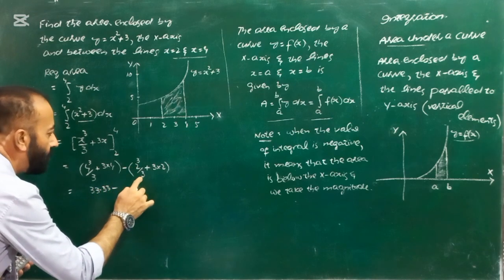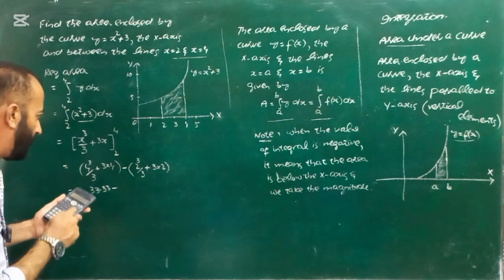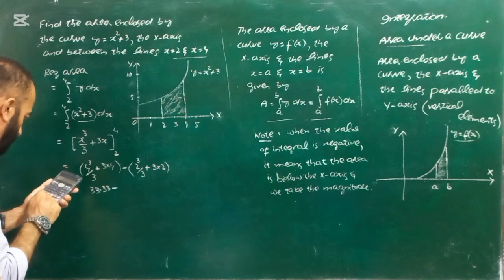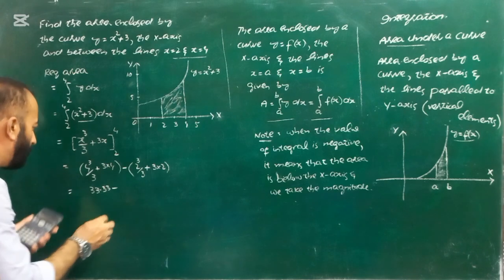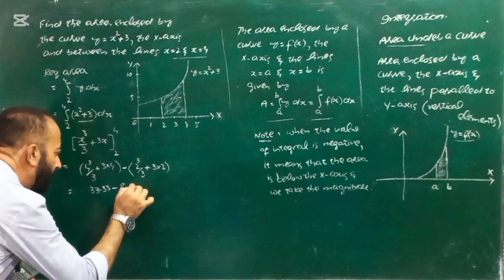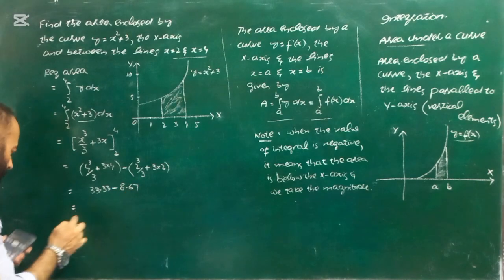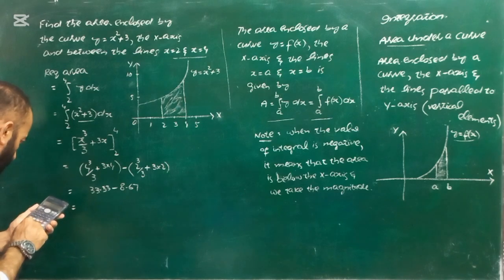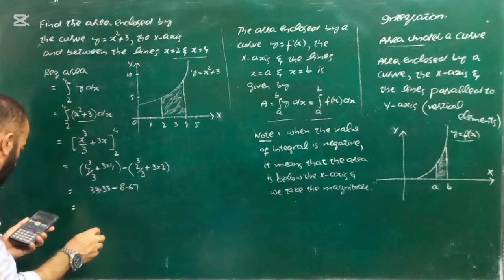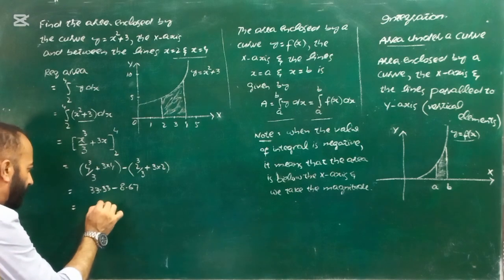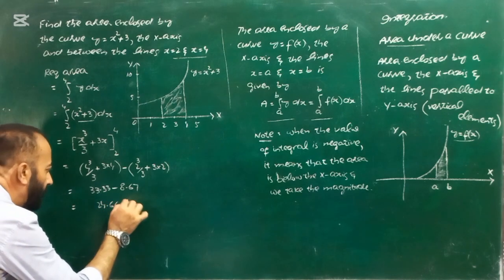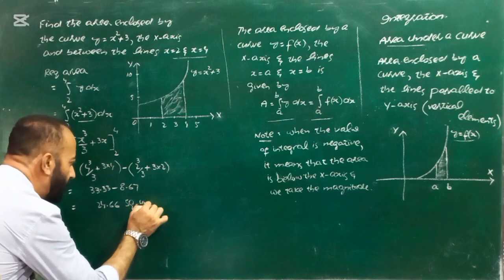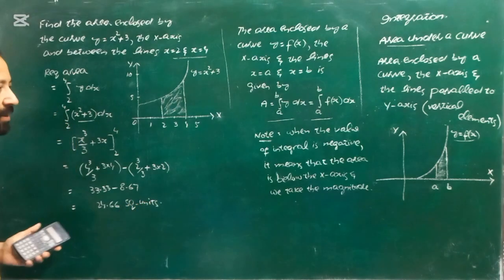And from here 8 over 3 plus 6, that is 8.67. After subtracting them, the answer is 24.66 square units, because area is in square units. So this is the answer.